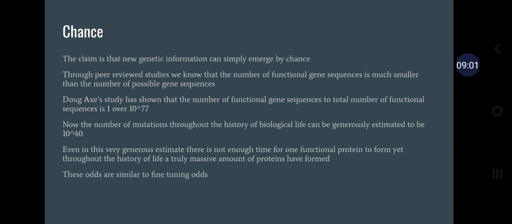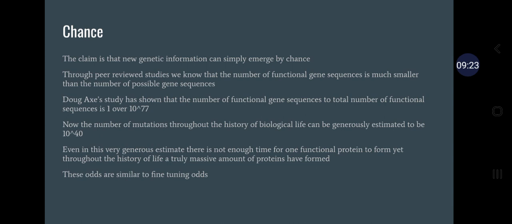What about chance? Now the claim with Darwinian evolution is basically that chance can produce functional protein sequences or beneficial mutations, and then natural selection can preserve them, right? But this cannot happen, and there's a very simple reason for this.